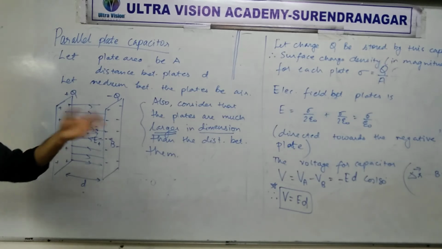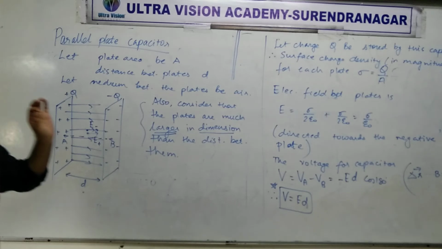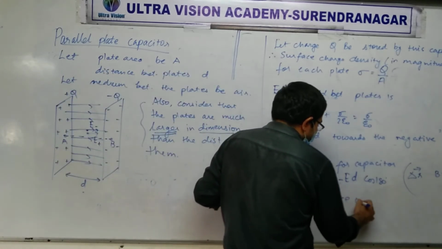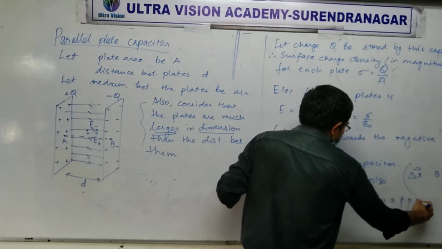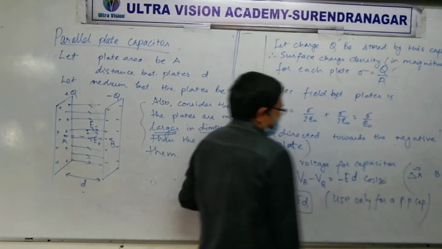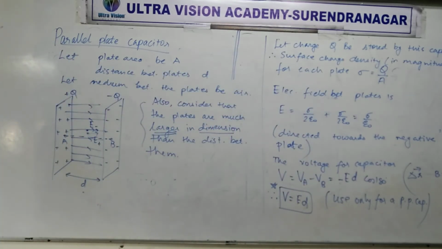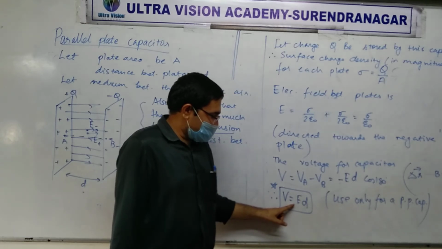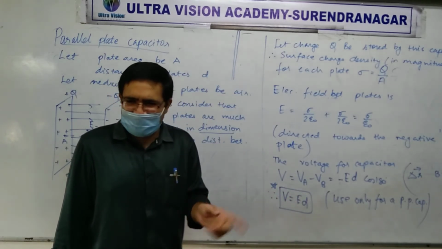In another capacitor, the field won't be uniform. Did you understand? This is a very specific formula for use only with a parallel plate capacitor. If anyone ever says E equal to V by D, just walk away from there immediately.